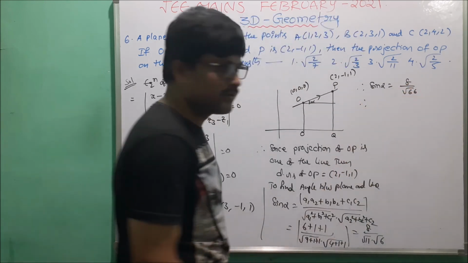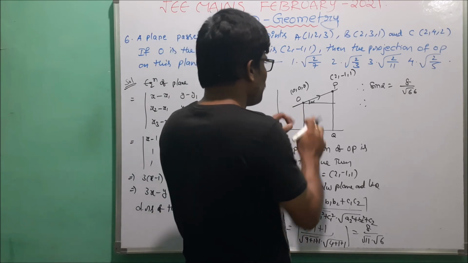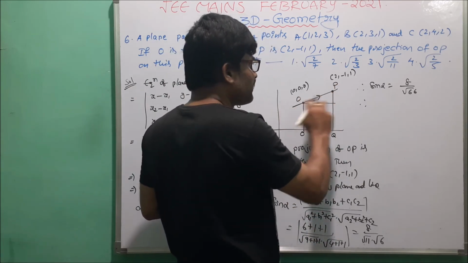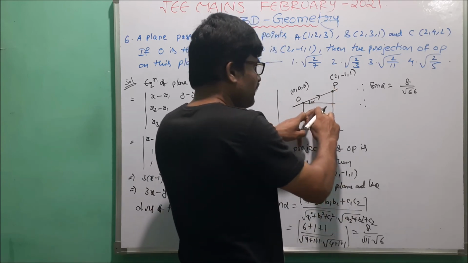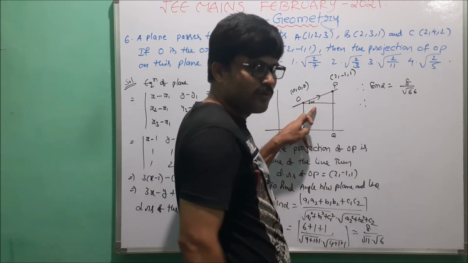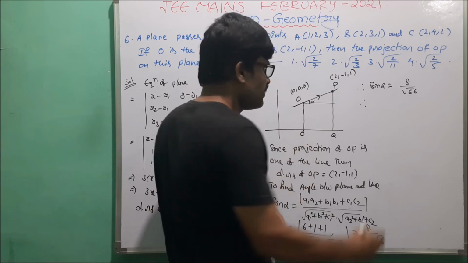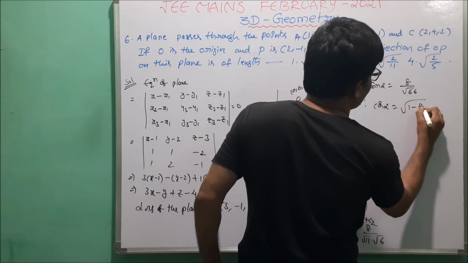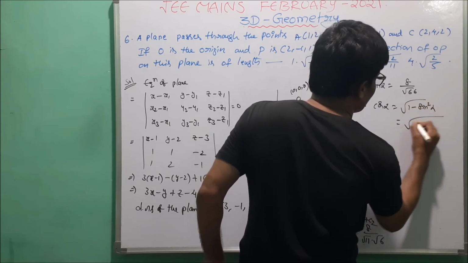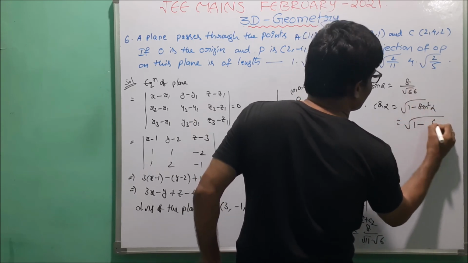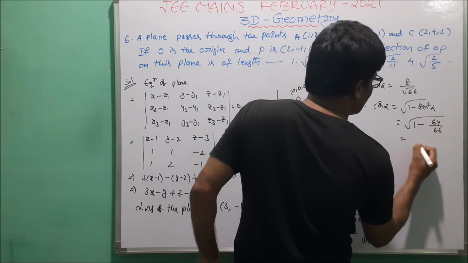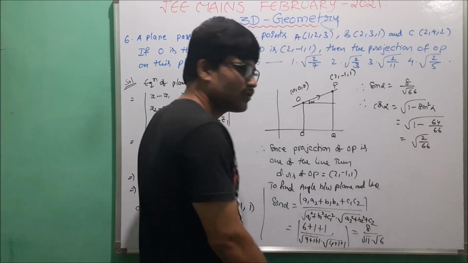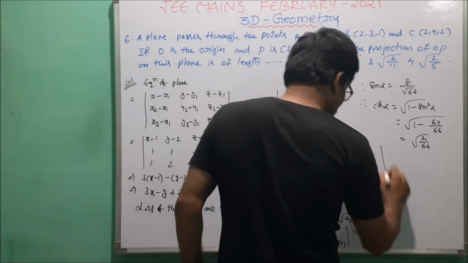From this, to find the projection of OP: the projection of OP is the adjacent side of this right angle triangle. So the relation between the adjacent side and OP is cosine. Now we take cos alpha. Cos alpha equals square root of 1 minus sin square alpha. So square root of 1 minus sin square means 64 by 66, that is root of 2 by 66. This is cos alpha.